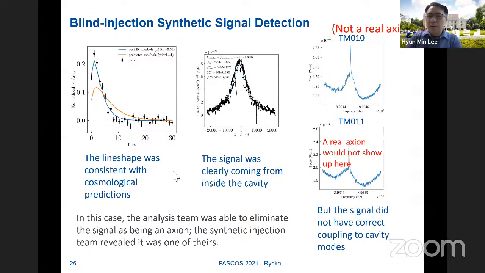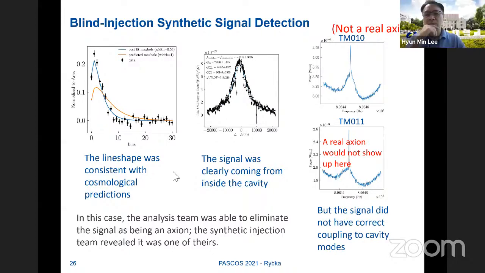Okay. I think the line shape is very interesting. Can you comment on the resolution on the line width as compared to the Axion mass, for instance? Let's see.